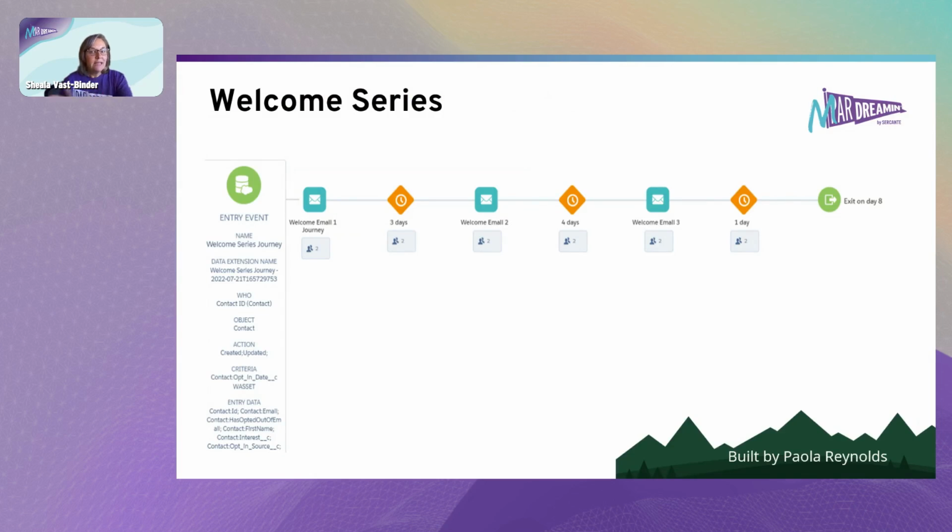So, for instance, you can use a journey for welcoming people who are new customers or new people within your organization. This is a journey that is based on a template found in Marketing Cloud, because there are some great templates in there that you can use. This particular one uses your contact data from your Salesforce as that entry source.